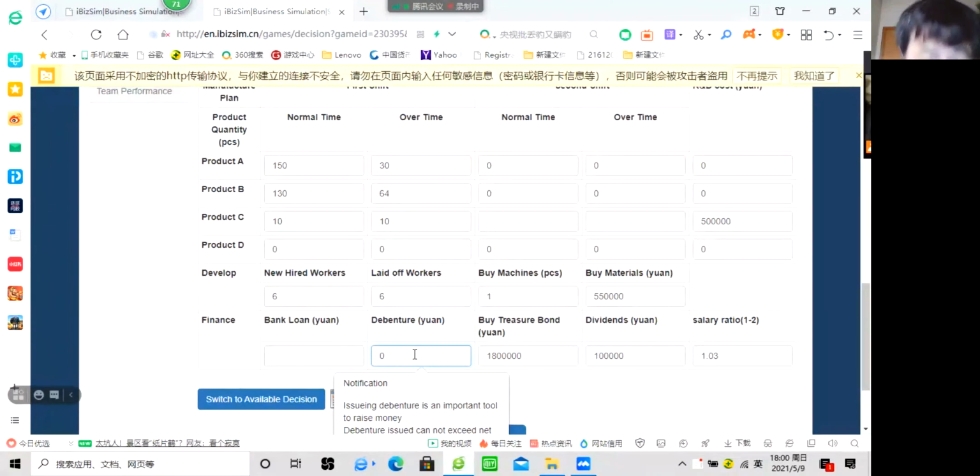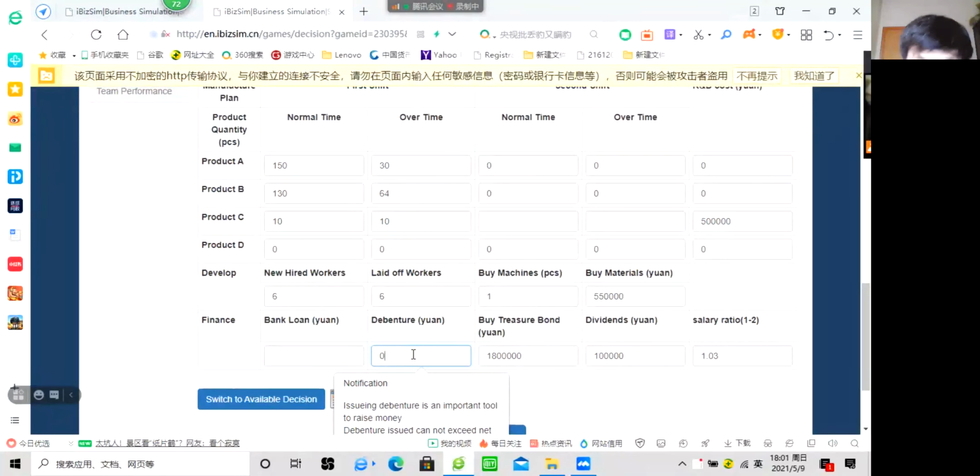Because we were just following the corporate finance textbooks that told me to use... okay, because that machine means fixed asset. That means we do not use our own money, that's net assets.